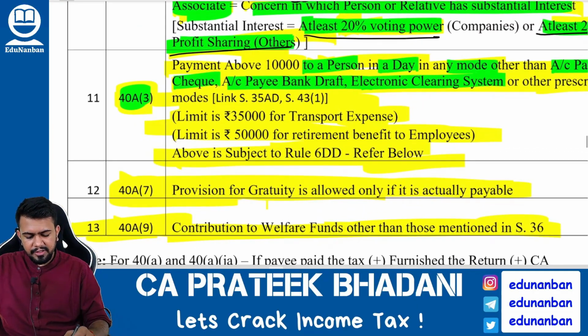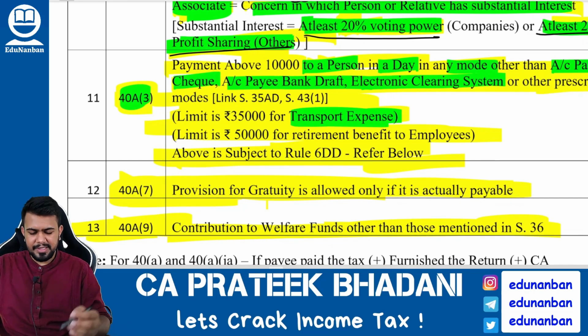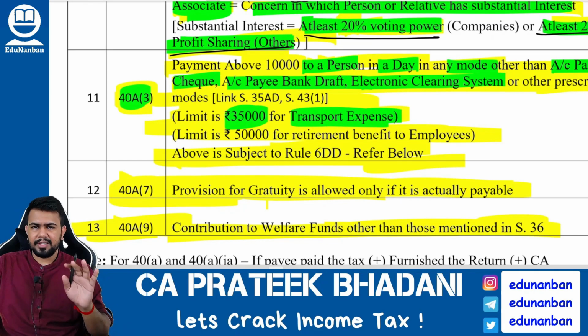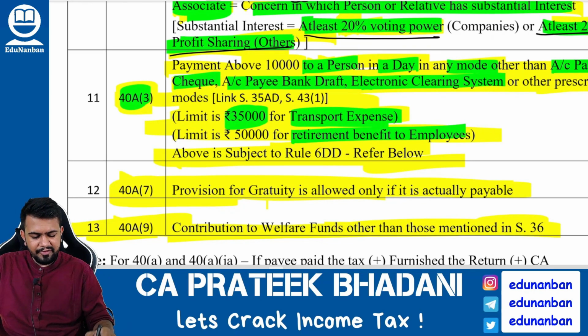However, for the purpose of transport expense or freight expense, the limit is 35,000 and not 10,000. And if retirement benefit is given to employees, then the limit is 50,000 and not 10,000.